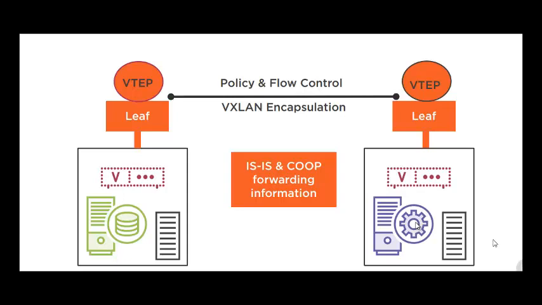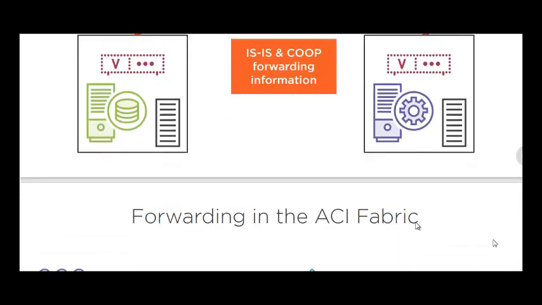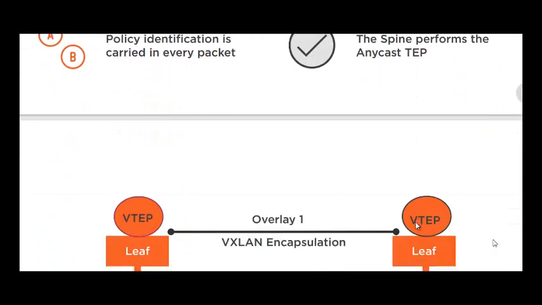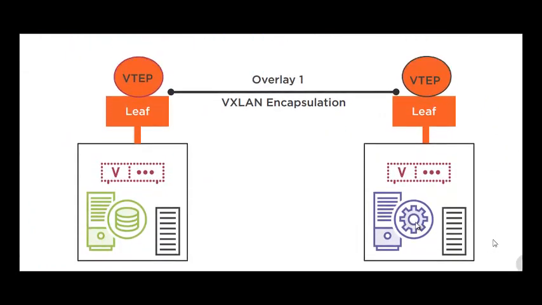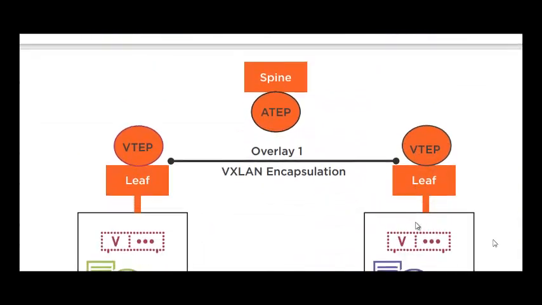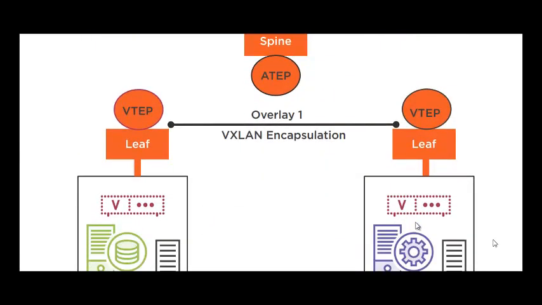ISIS is also involved, using which this reachability is provided. So based on the policy, the VXLAN encapsulation and the tunnel is determined and the traffic flows. Spine uses anycast TEP address, which we spoke of as the second last point, using which the traffic will be forwarded.